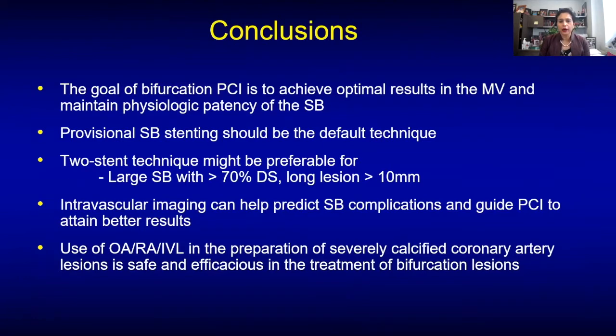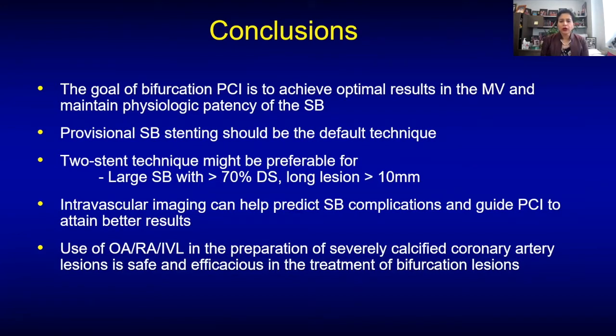So just to conclude, ladies and gentlemen, the goal of bifurcation PCI is to achieve an optimal result in the main vessel and maintain physiologic patency of the side branch. Provisional side branch stenting should be the default technique. A 2-stent technique might be preferable for a large side branch with greater than 70% diameter stenosis, or a long lesion greater than 10 millimeters.